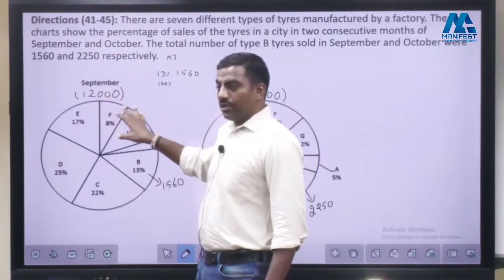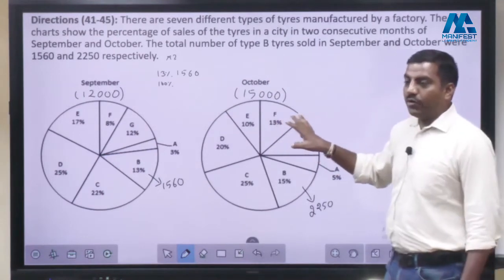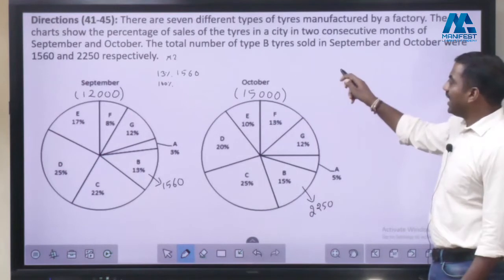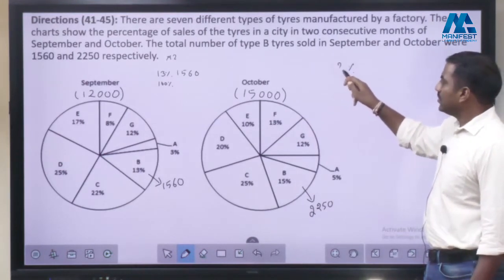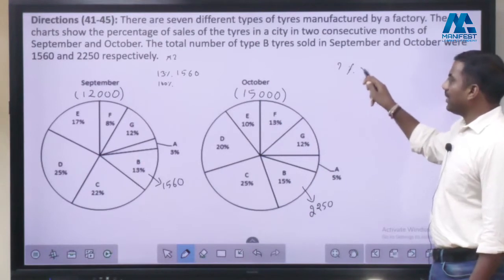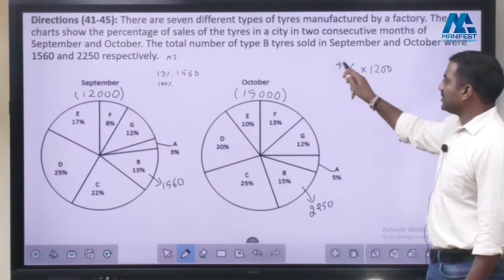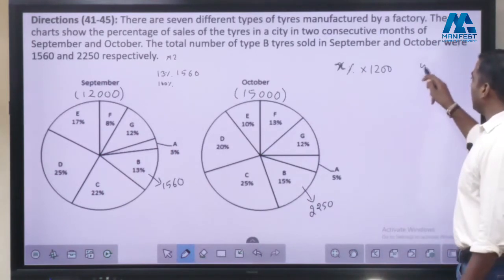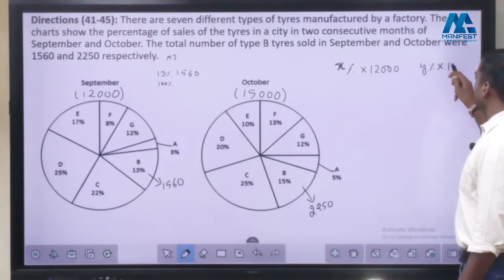You have to pick two types here and two types here and get the maximum difference. You are taking some percentage and multiplying with 12,000. Let's say X percent. And you are multiplying Y percent with 15,000.